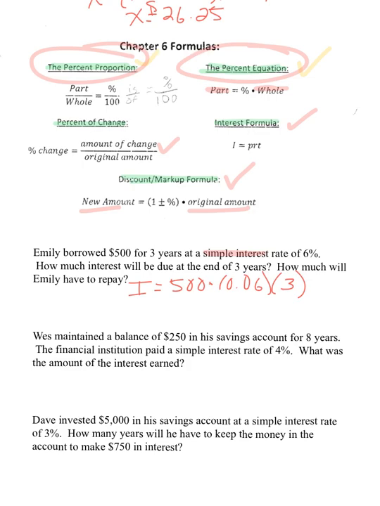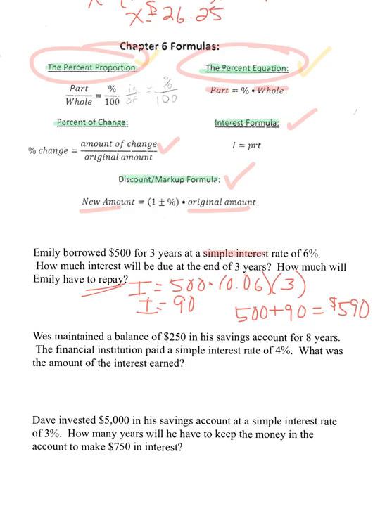So her interest equals $90. And then this question asks how much will she have to repay. You can't just borrow money and not repay that $500 back plus the interest. So you take your $500 principal and add your interest to it. So it's going to be $590 that she has to repay.